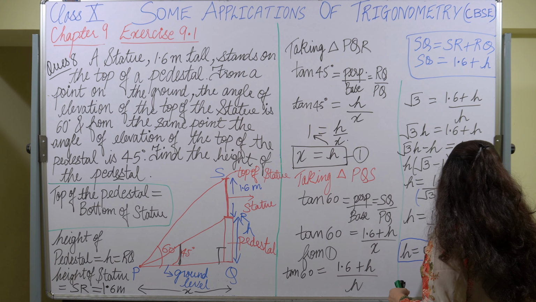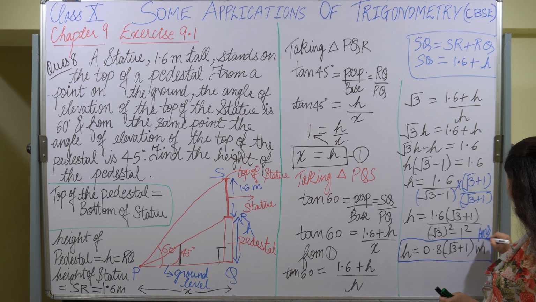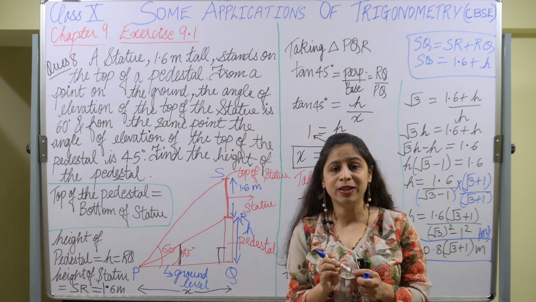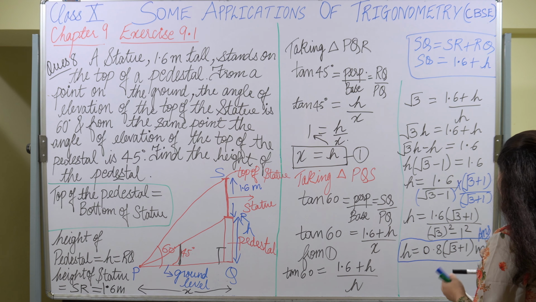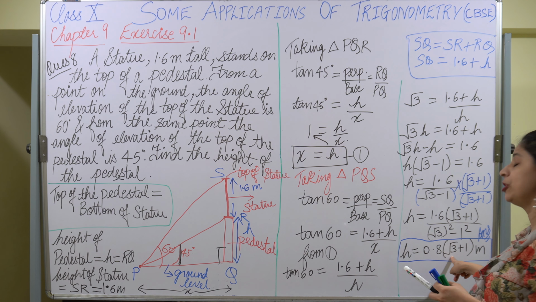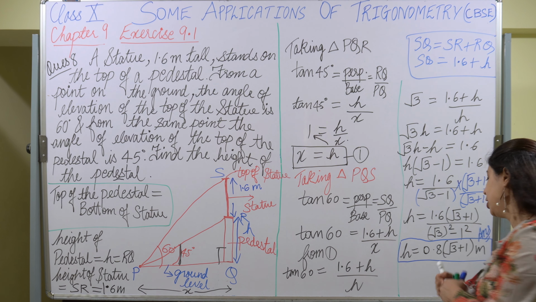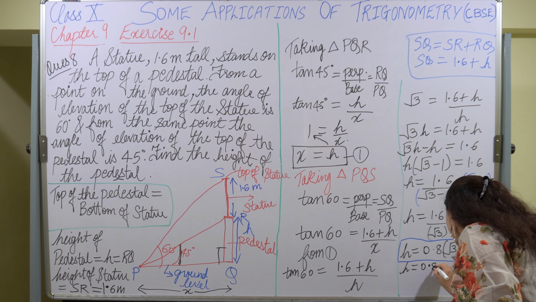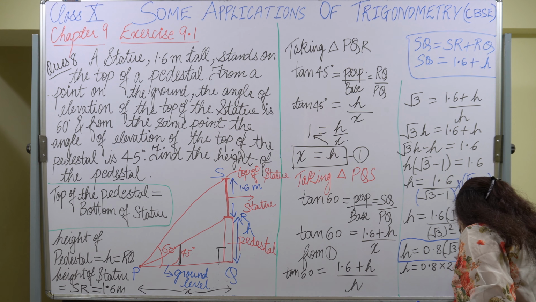You can also further solve it by putting the value of root 3 as 1.732. Putting this value, you get 1.732 plus 1, which gives me 2.732. So h will be equal to 0.8 into 2.732.